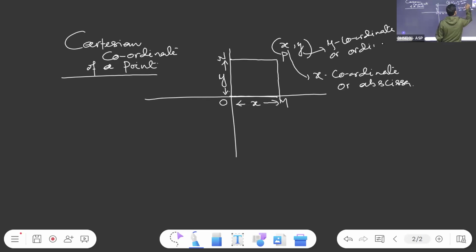So x coordinate determines the distance of the point from y axis, and y coordinate of the point determines the distance of the point from x axis. So note it down. If x, y be the coordinates of the point P, then mod x is the distance of the point P from y axis.